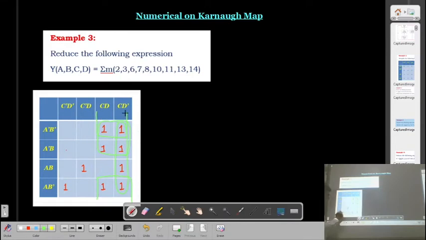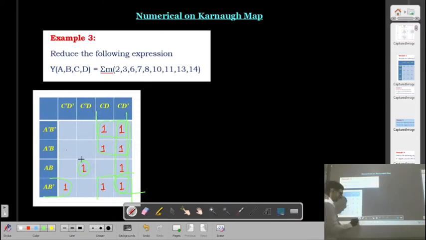But here we can make this variable a pair and this will also make a pair. But this variable is not going to make a pair and is not a part of a quad or an octet, so you can mark a single one.